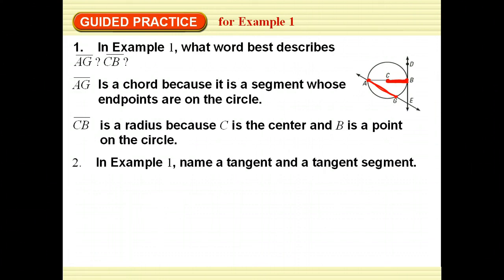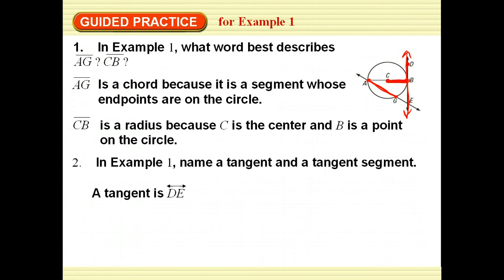Well, the tangent is the entire line, and remember, I could label this line right here, the line running through D, B, and E. I can name that with any 2 of those letters. So I could call it line DB, line BE, line DE, whichever way I want to. So we'll say line DE.